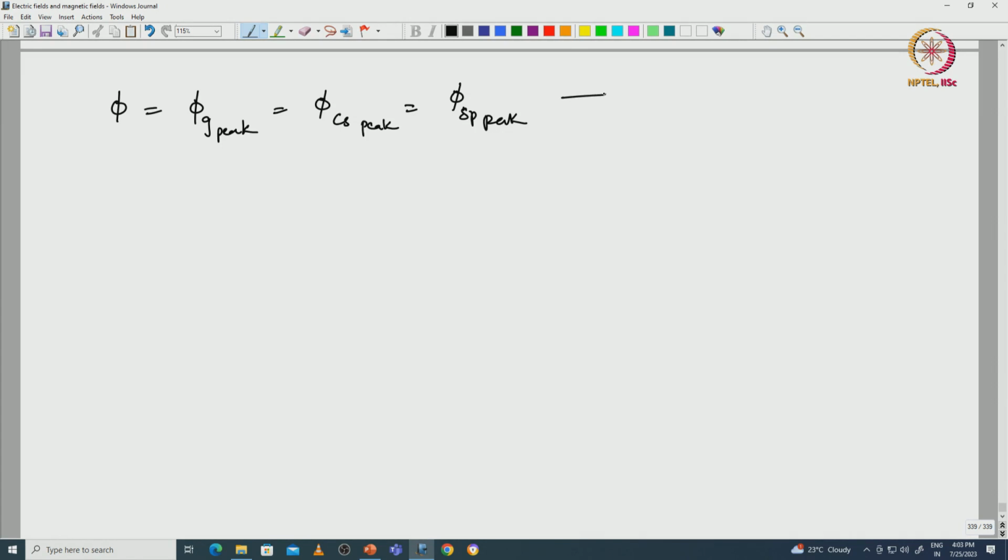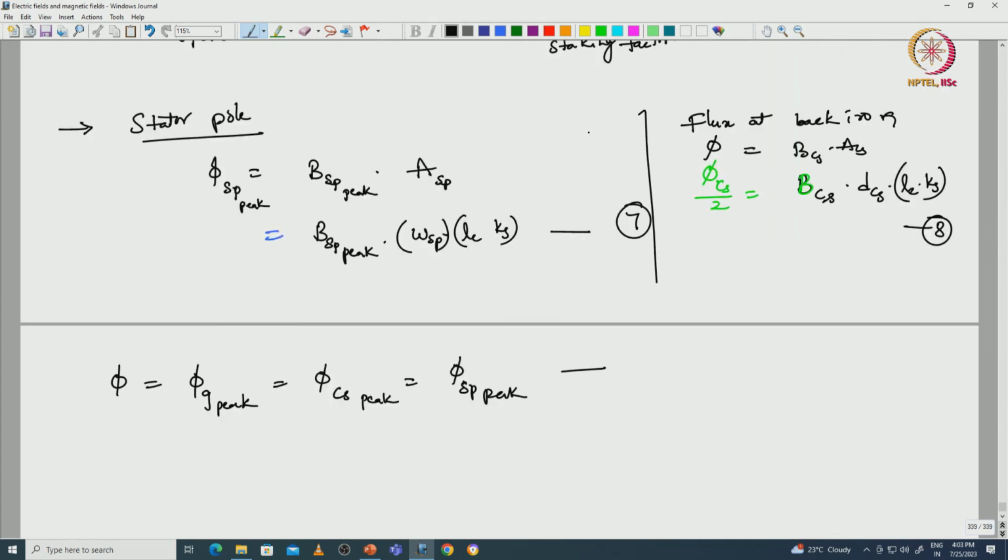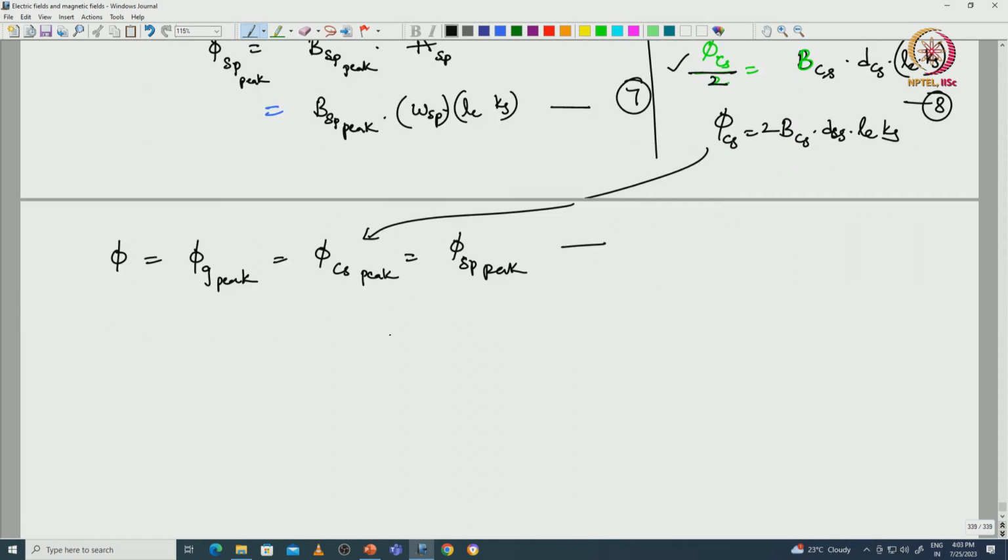Here do not get confused: with respect to the flux flowing through the core I am considering half, then phi CS equals 2 into BCS into DCS into LE Ks. So this phi CS I am considering here is the peak value.